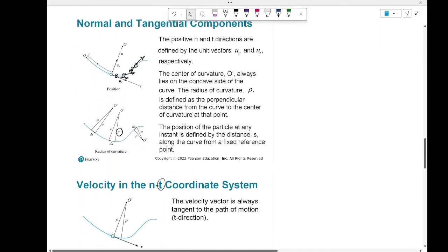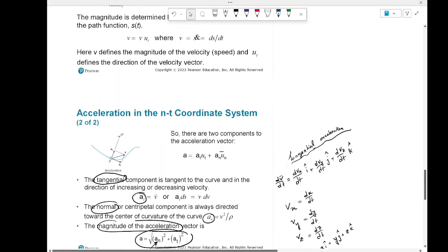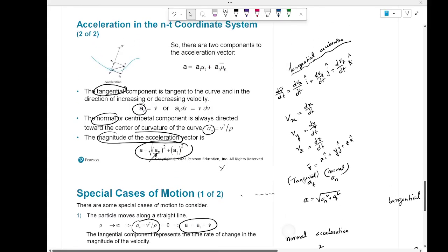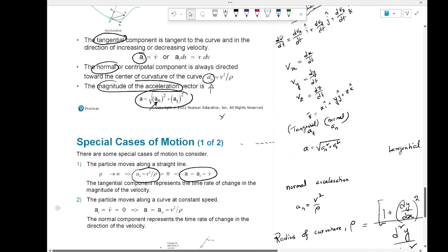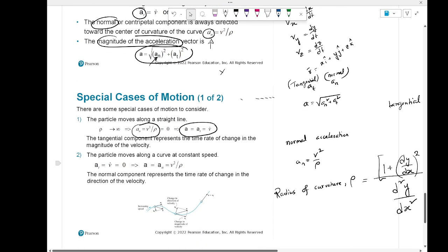So we have a few equations for that. I'm just trying to directly point out those equations. This a_n is v squared over rho, so that's one of the equations, and a_t can be found by dv/dt. So a_t, or the tangential component, is dv over dt, and a_n, the normal component, is v squared over rho, right?